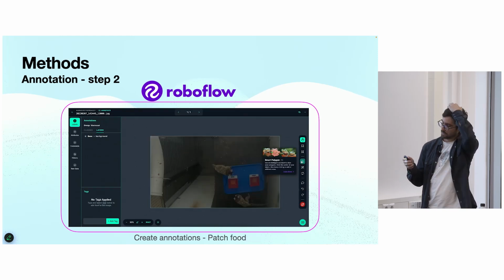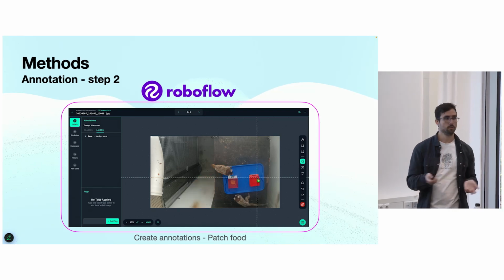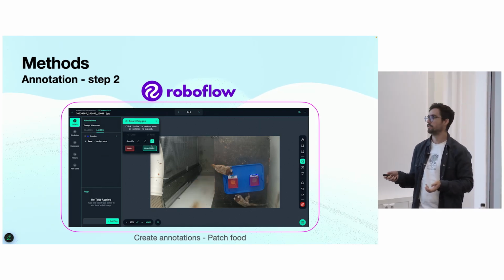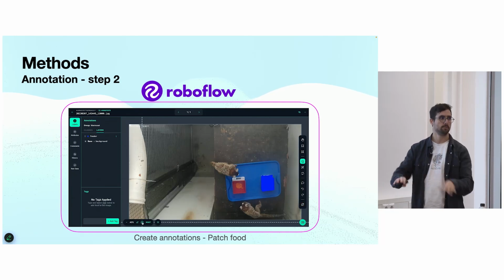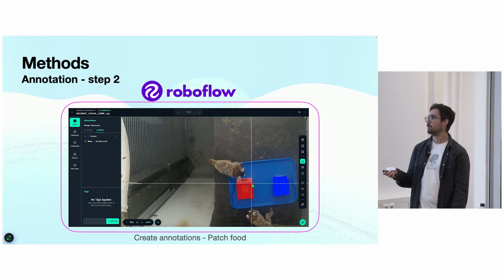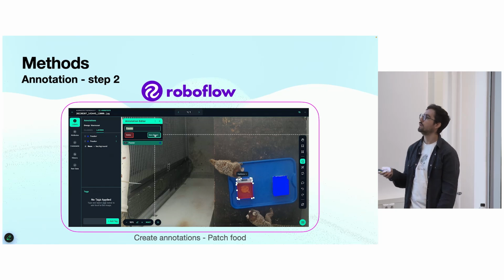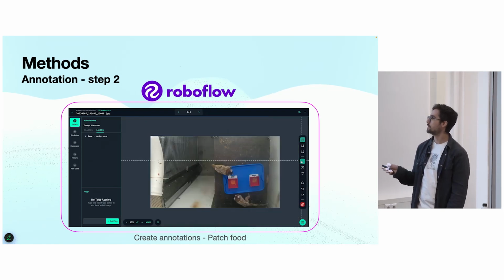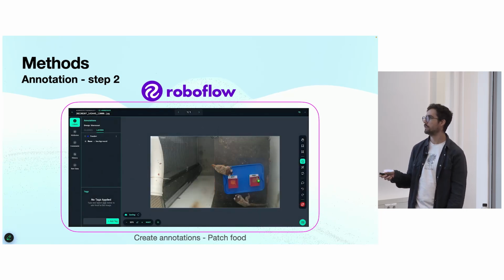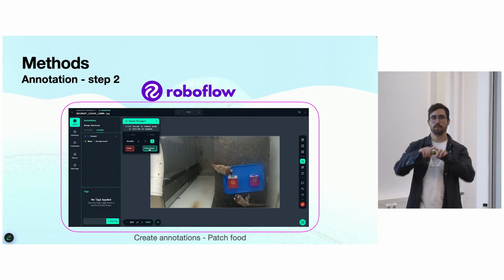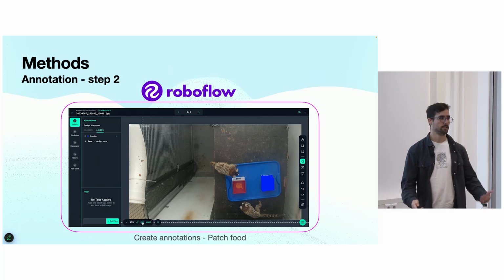So after that, I start to create some annotations for the patch food, because we also want to know where the patch food is in each video, because sometimes the animals just move the patch food, and so we have to know where the patch food is in every frame. So for that one, I use this magic thing here, where you click the object and RoboFlow already sets the whole box of the object. So this is magic, basically.